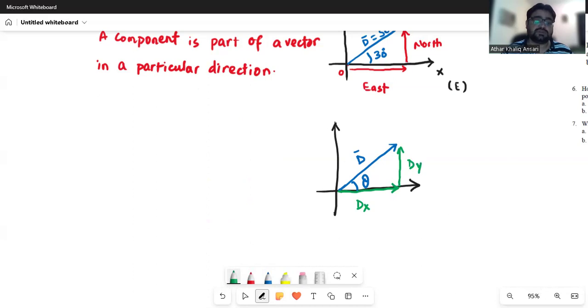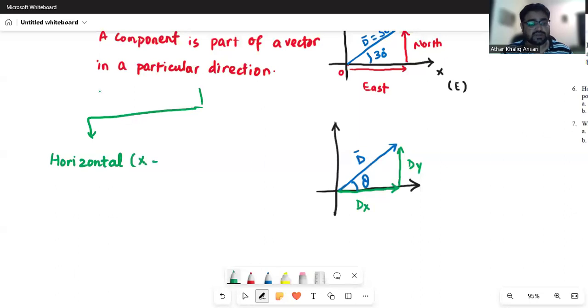So depending upon this, we distribute the components into two parts. One is called the horizontal or x component, and the other one that is along the y-axis, you can say is the vertical or y component.